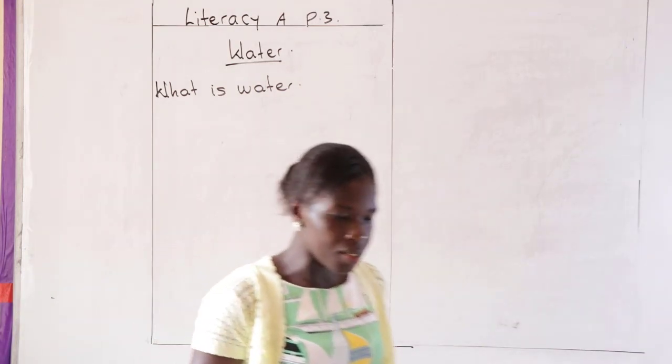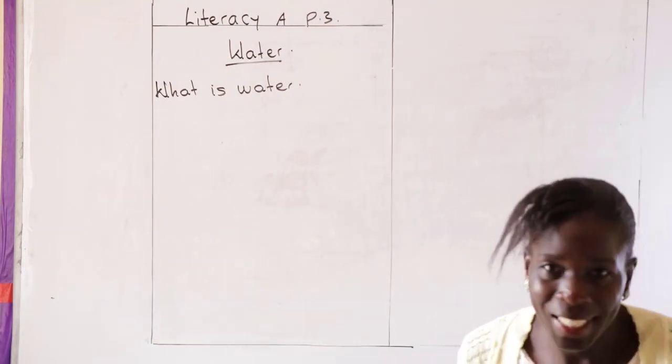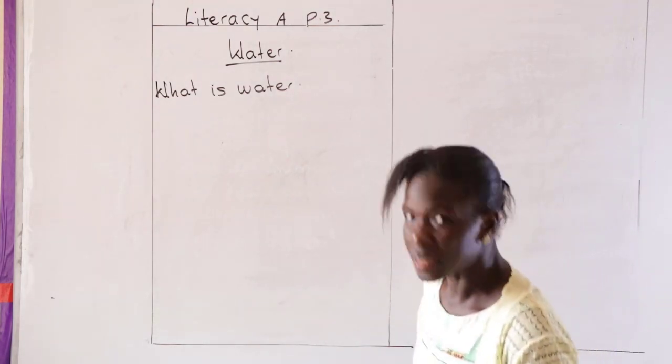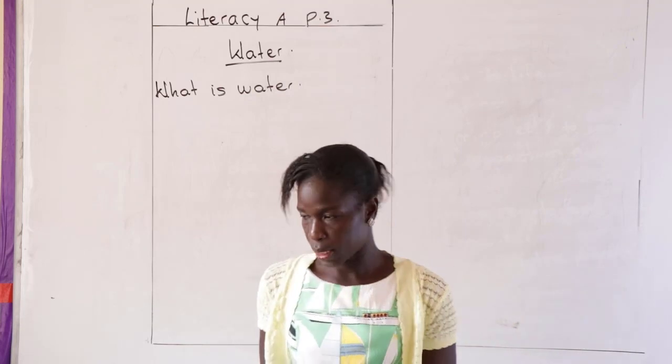So, water is a colorless, transparent and odorless liquid.